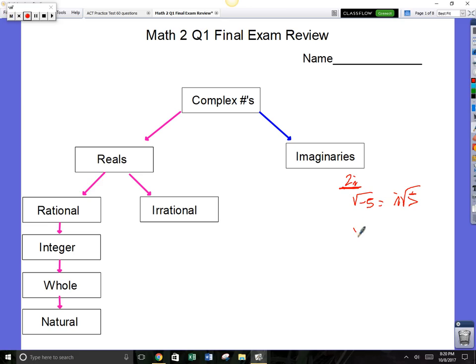If we've got the square root of negative 16, take the negative out, that is 4i. And if we have a negative 2 square root of negative 8, take the negative out, that's going to be negative 2i square root 8. And then you could break down 8 even further. 8 is not a perfect square, but it's got a square in it. 8 is 4 times 2. 4 is 2 times 2, and there's your square.